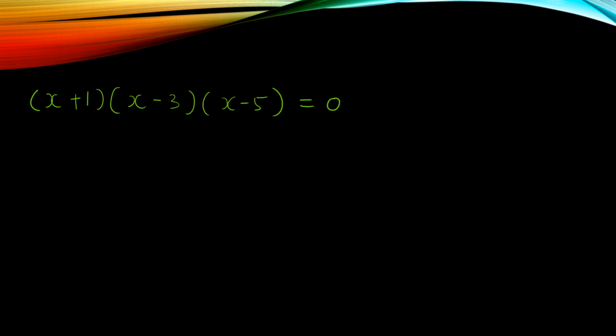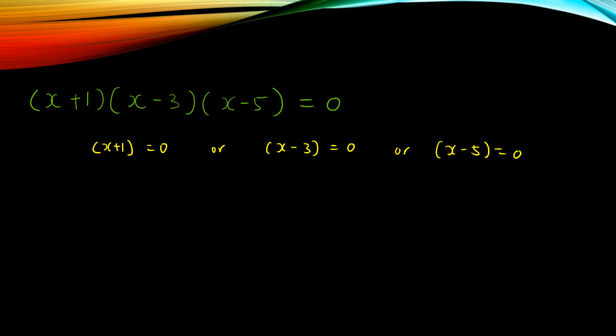Suppose we have this cubic equation which has already been factorized, and I want you to find the roots of this cubic equation. So x plus 1 can be 0, or x minus 3 is 0, or x minus 5 is 0.